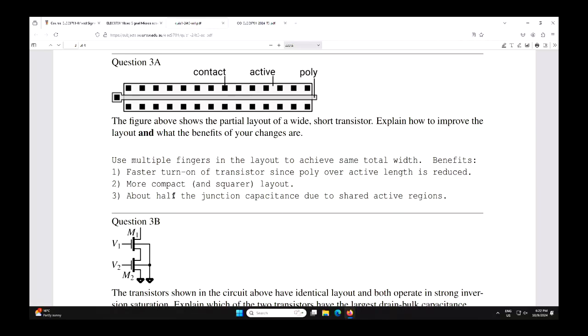Do you think multiple fingers and having a square layout improve process variations? Yes, it does. That is true. Or improve matching, at least. If you have only one transistor, matching is poor. I was thinking maybe another reason you don't put contacts above the MOSFET is that the dielectric is long enough under the MOSFET.